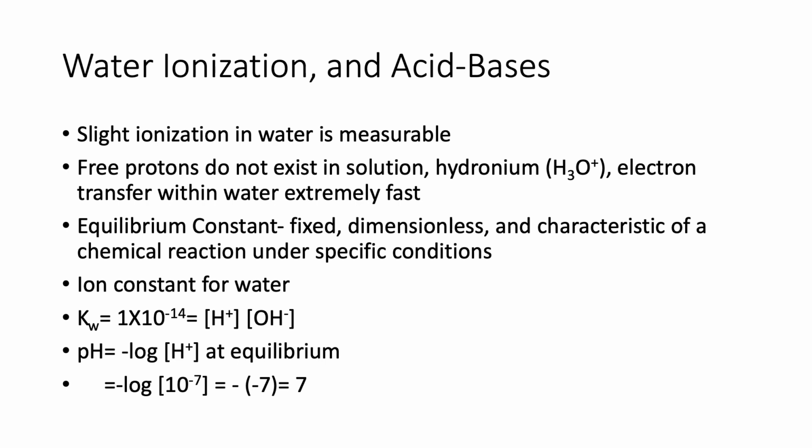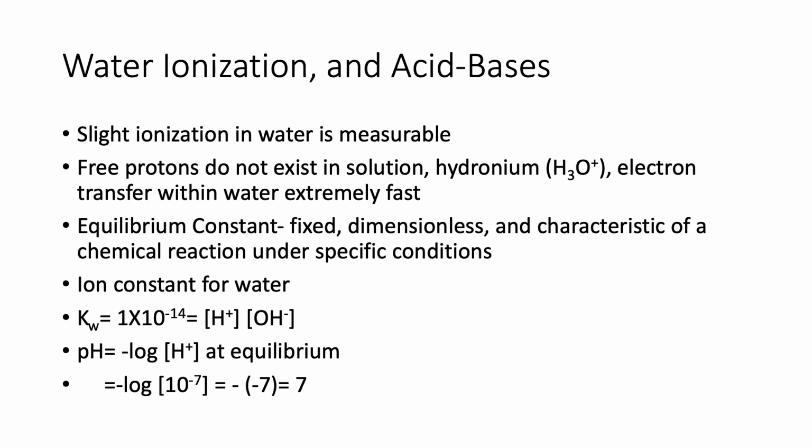When we look at free protons, they do not exist in solution. And to look at the ratio of this, we have what's called the equilibrium constant. For water, we look at the water constant, which is Kw, uppercase K, lowercase subscript w. And that number is 1 times 10 to the minus 14th.